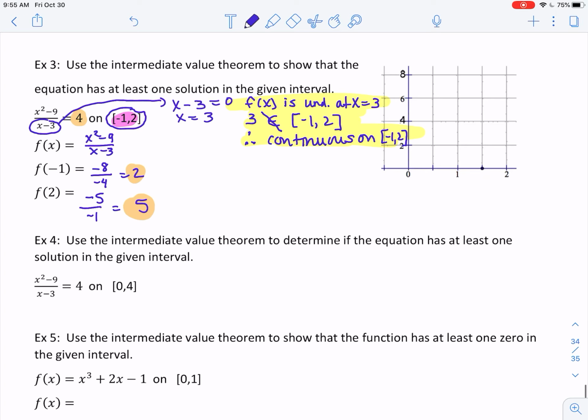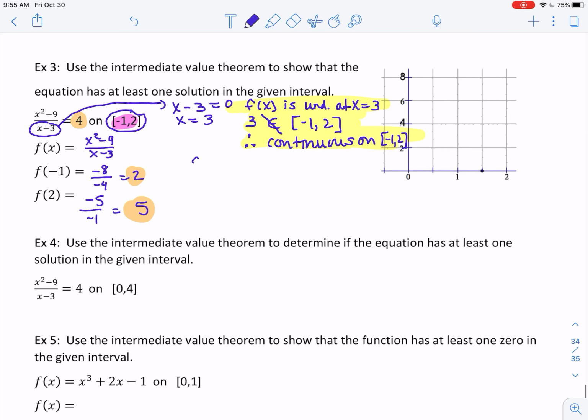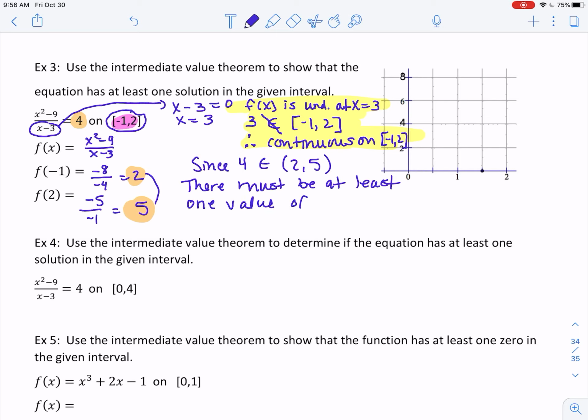Okay, so we're going to write since 4 is in the interval 2 to 5, there must be at least one solution, at least one value of C in the open interval -1, 2.